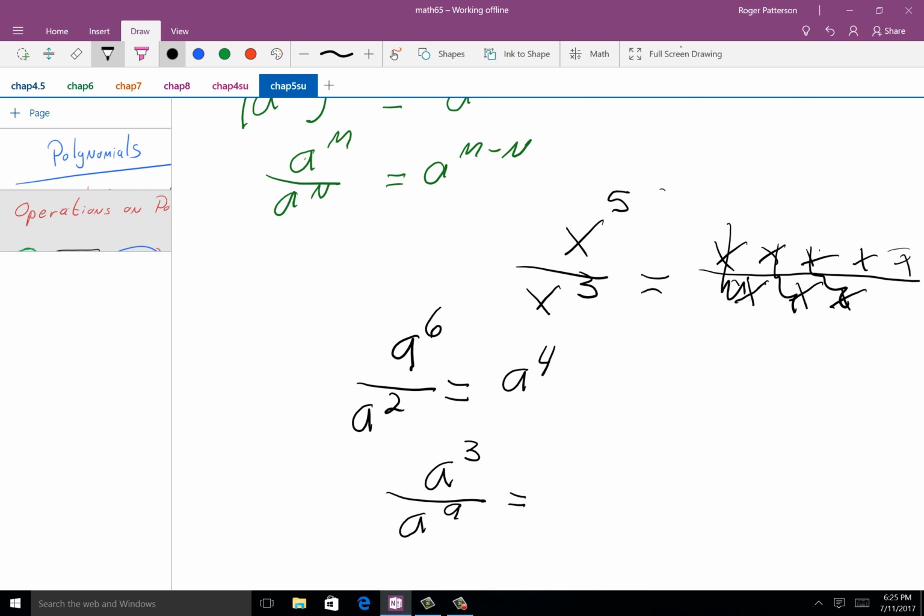Then I have 3 a's up here, 9 down here. 3 are going to cancel. I'm going to get a 1 on the top, so I need something to show for my top, and then 6 on the bottom, because 9 minus 3 gives me 6. So that's that property of exponents. Whenever you're dividing, you're just subtracting the exponents. They give you some problems on that in the beginning.